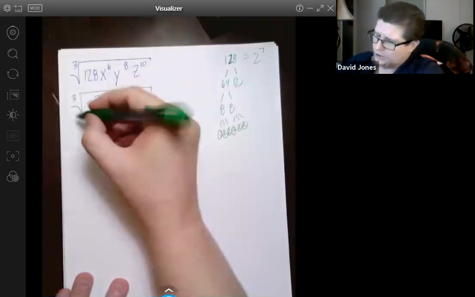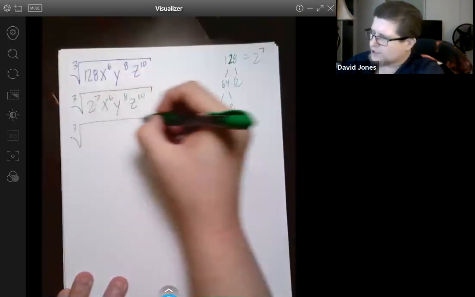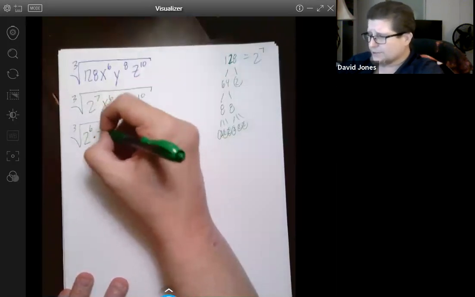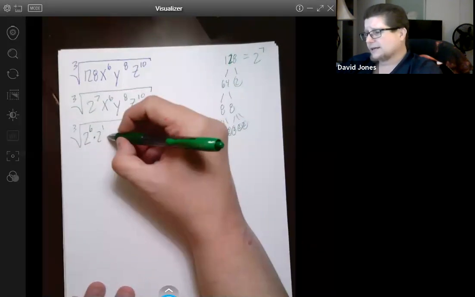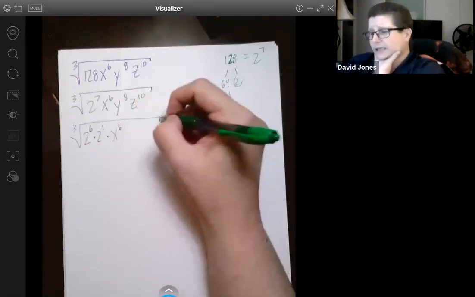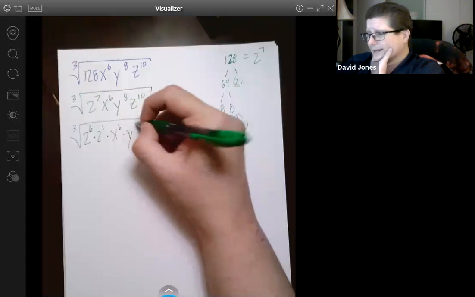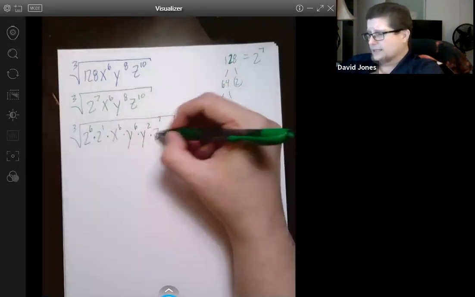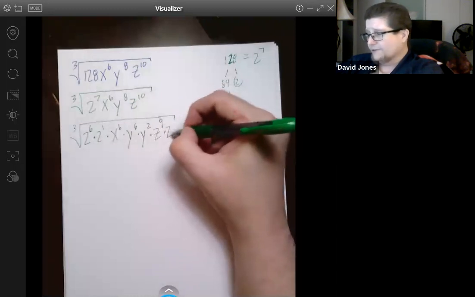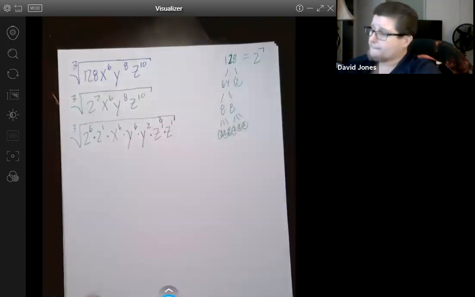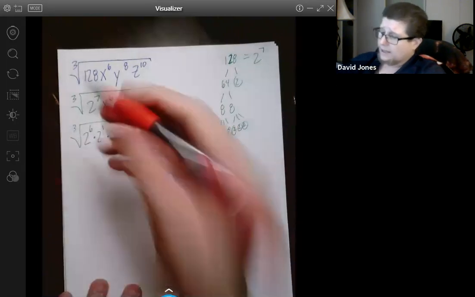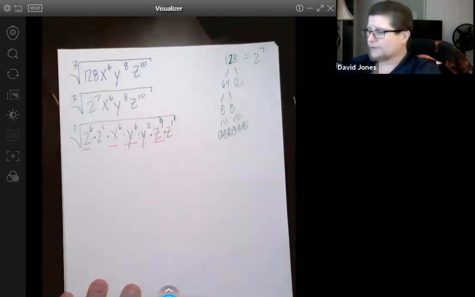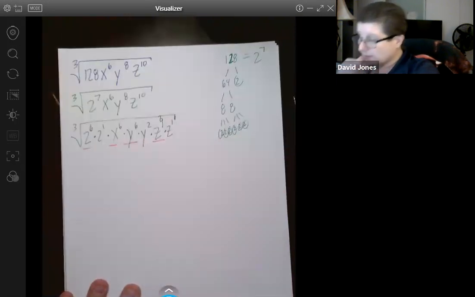And I'm going to break up those exponents so that they're multiples of 3. Let's say this is 2 to the 6th times 2 to the 1st. x to the 6th still works. I'll do y to the 6th times y squared. And z to the 9th times z to the 1st. The ones where the exponent is a multiple of the index can come out.